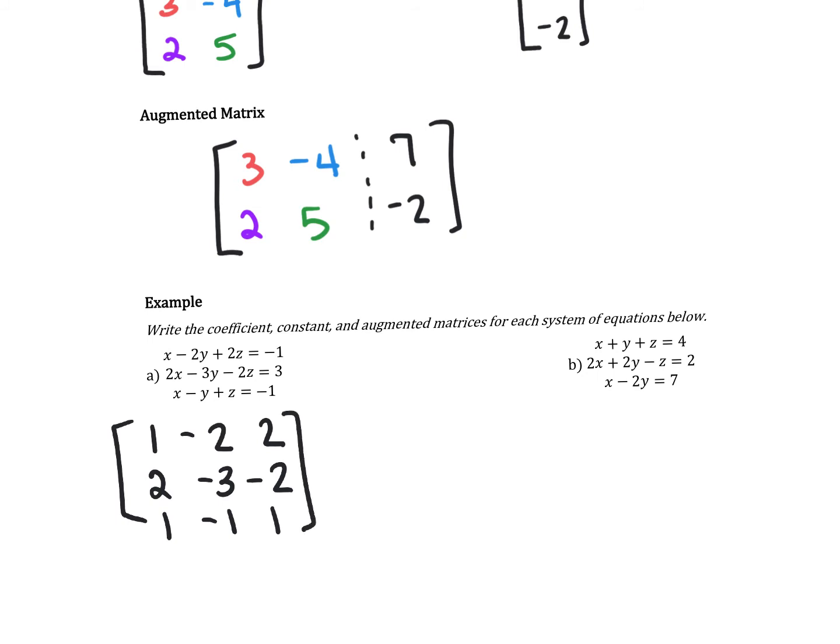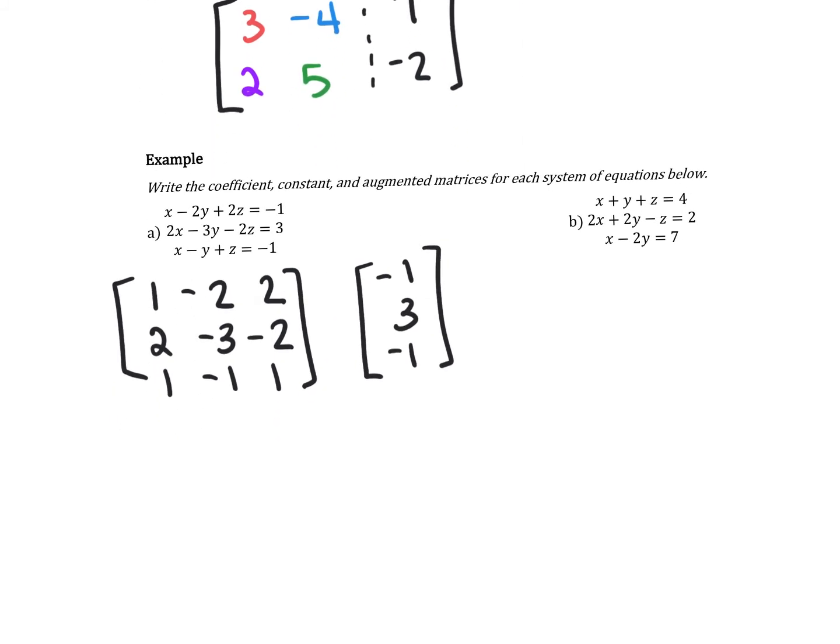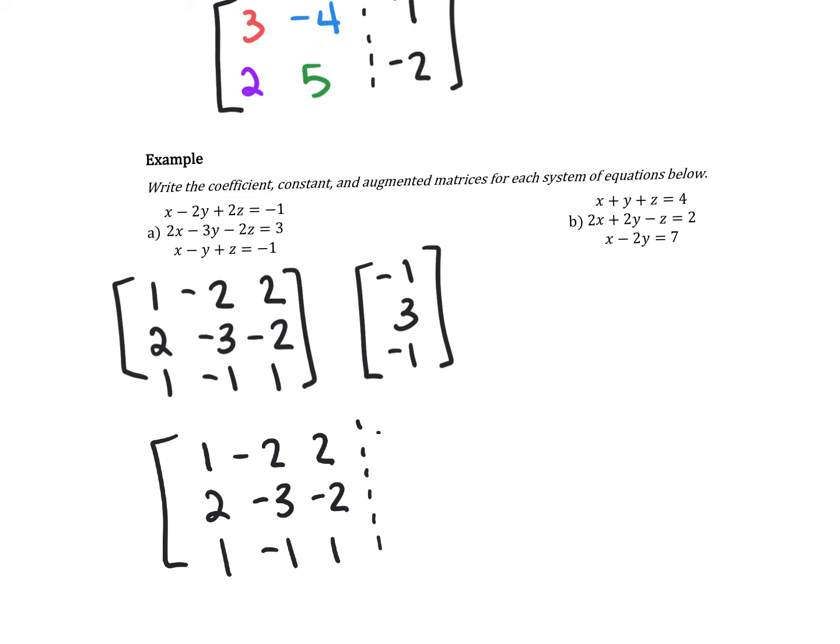Here's the coefficient matrix. The constant matrix is -1, 3, -1. And then if I augment these matrices, here's what I get: 1, -2, 2, 2, -3, -2, 1, -1, 1. So that's the coefficient matrix, and I'm going to augment the constant matrix with it. There go my 3 matrices.